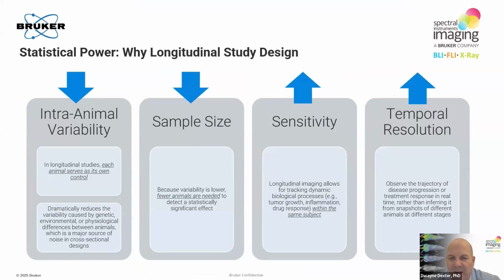You reduce sample size. Longitudinal imaging is incredibly sensitive in terms of BLI and FLI. And of course, temporal resolution, looking at response over time as opposed to doing a single snapshot. This allows you to understand, for instance, does my therapy have an initial response rate, but then the tumor has a bounce back?